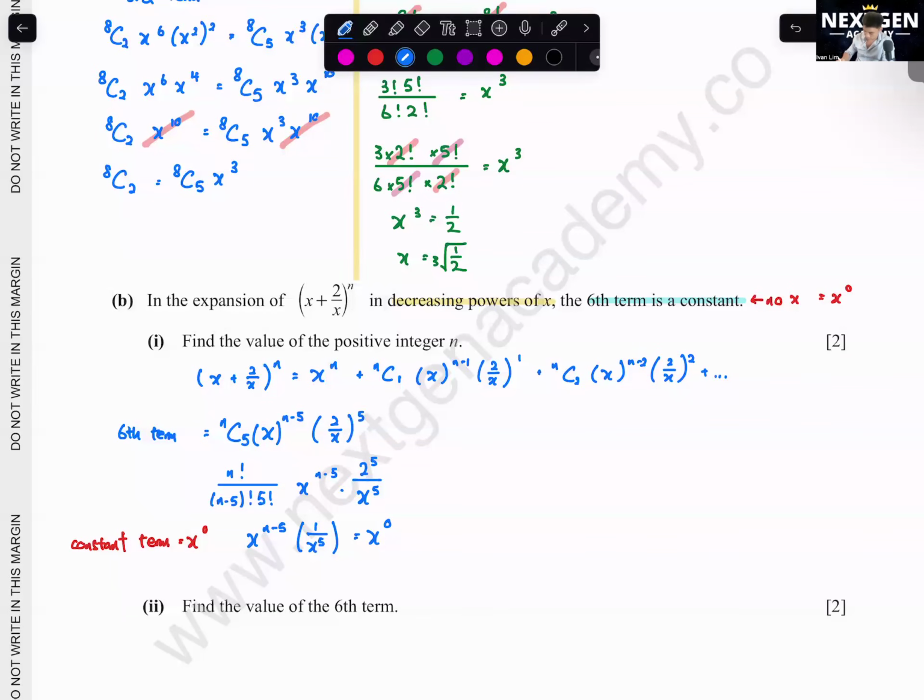We simplify this: x to the power of n minus 5 minus 5 equals x to the power of 0. Then we get x to the power of n minus 10 equals x to the power of 0. Then we compare the power. n minus 10 equals 0. n is equal to 10.